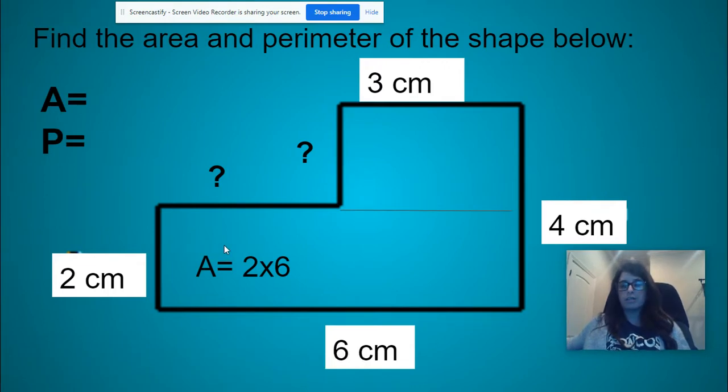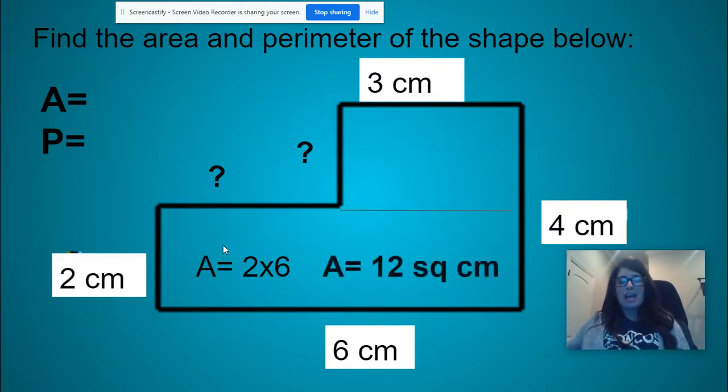What does that equal, friends? If you said 12, you got it. The area of the bottom rectangle is 12 squared centimeters. And if you notice, I labeled it in centimeters because that is our label. cm is centimeters. And I'm squaring them because area we always square. 12 squared centimeters. All right.